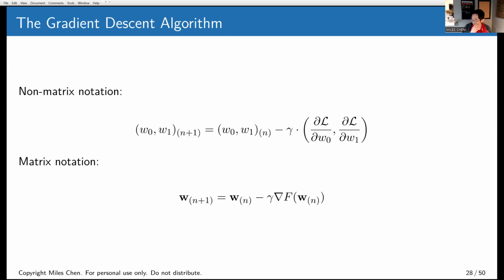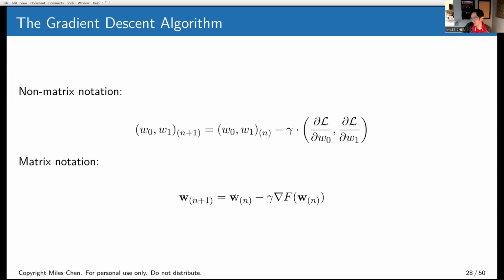And what we'll do is we can do the gradient descent algorithm either in non-matrix notation or in matrix notation. This will give us the same results, right? We could treat our vector W as two parts, W0 and W1, find the partial derivative with respect to W0 and the partial derivative with respect to W1, and combine them into these vectors.